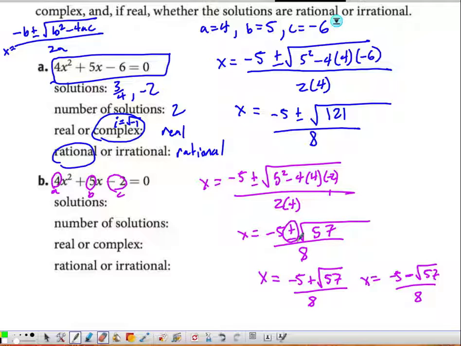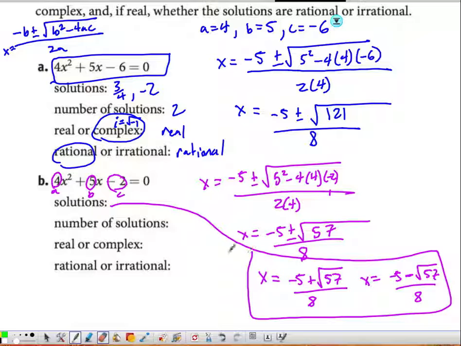So can you see how this plus or minus consists of two solutions, where one is positive and the other one is negative? So my solutions are right here. How many solutions do I have? I have 2. Are they real or complex? Well, did I have the square root of a negative number here? Nope. So my answers were real. And now since it's real, is it going to be rational or irrational?